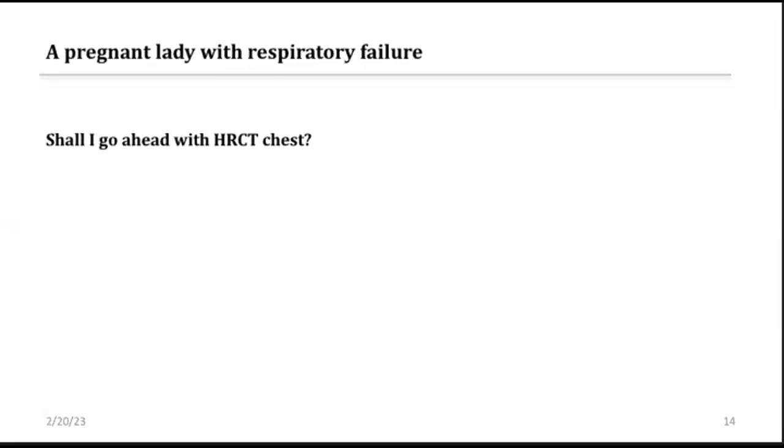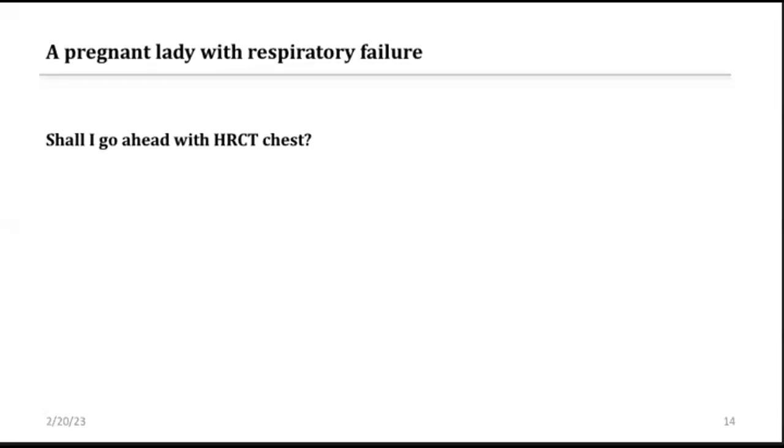That's the first message. Second, this lady is a patient with respiratory failure with an unknown diagnosis. Modern CT scans have minimal radiation to the fetus with proper precautions. Taking the risk of fetal radiation into account, if you do not thoroughly investigate this patient, that is a risk to the mother.